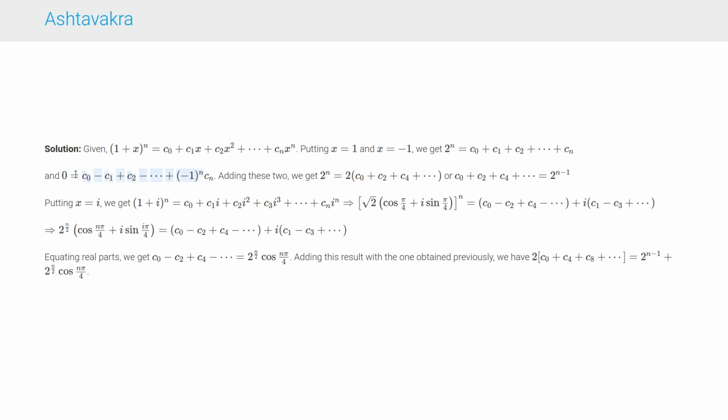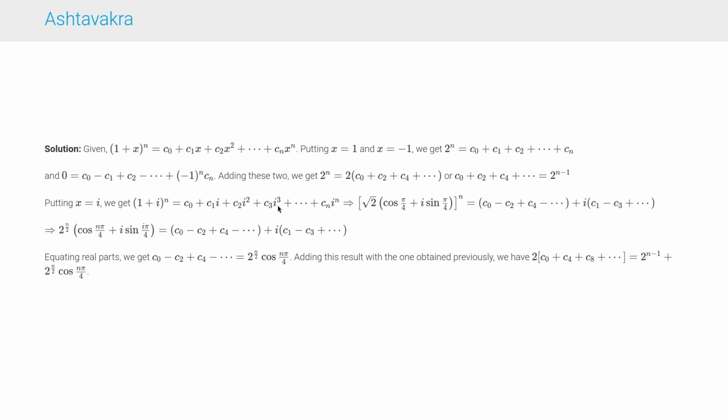So we add this with this, and we get 2 to the power n is equal to 2 into c0 plus c2 plus c4 and so on. That is c0 plus c2 plus c4 is equal to 2 to the power n minus 1, because we divide 2 to the power n by 2, so we get 2 to the power n minus 1.